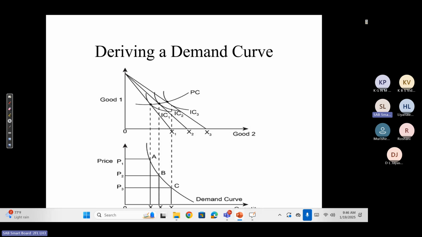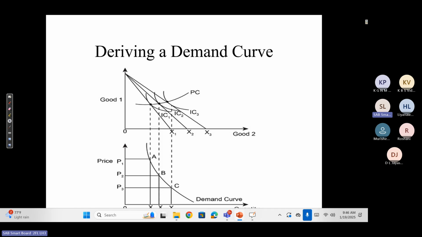As a result, the indifference curve shifts further to the right, from IC2 to IC3, moving from E2 to E3. Those are the equilibrium points.